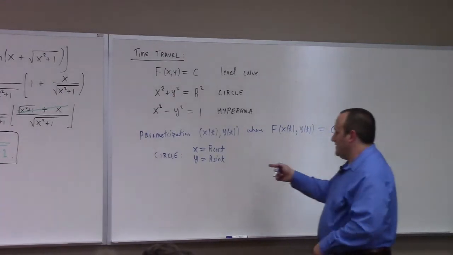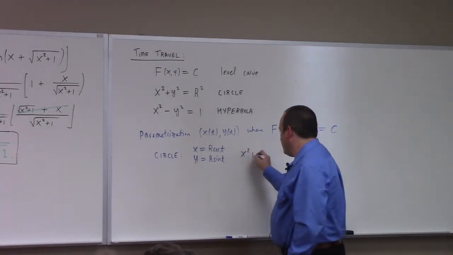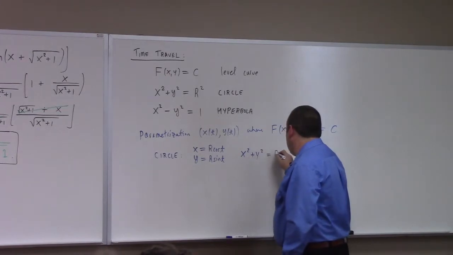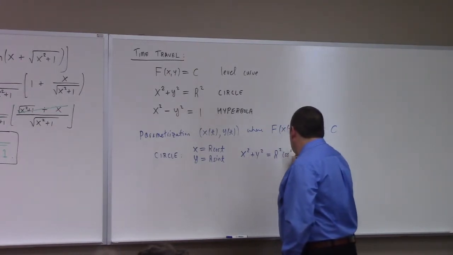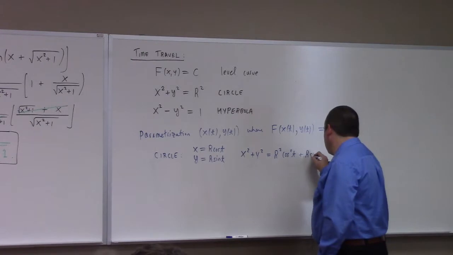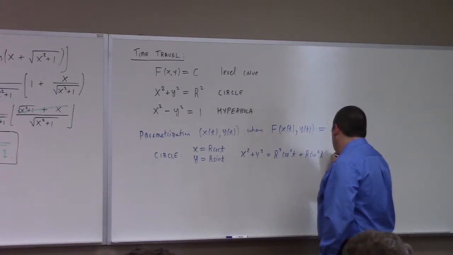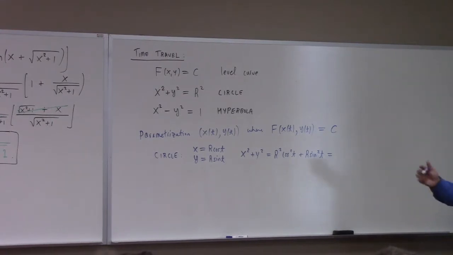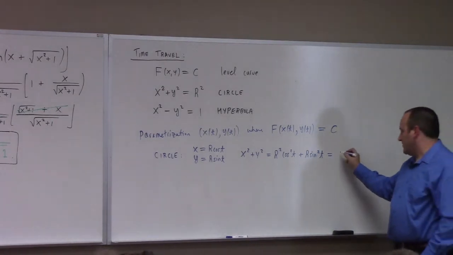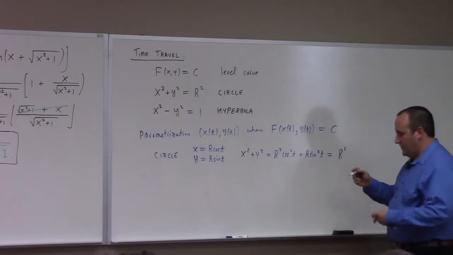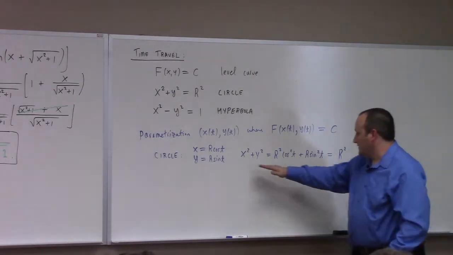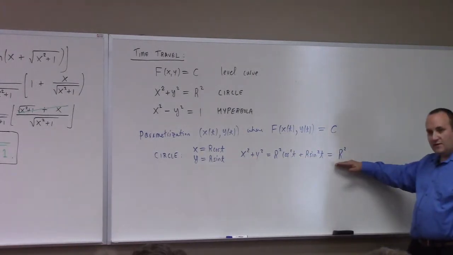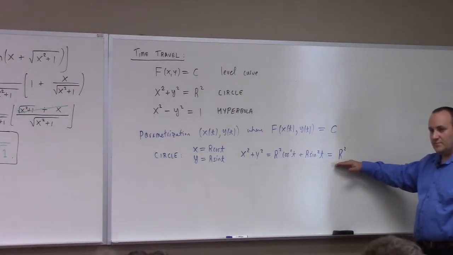This makes sense because if you calculate x squared plus y squared, you get r squared cosine squared t plus r squared sine squared t. You guys know what happens with sine squared plus cosine squared: you get 1. Factor out the r squared, and this just gives us back r squared. Hooray, it's a parameterization. It satisfies the defining equation for a circle when you plug it in.